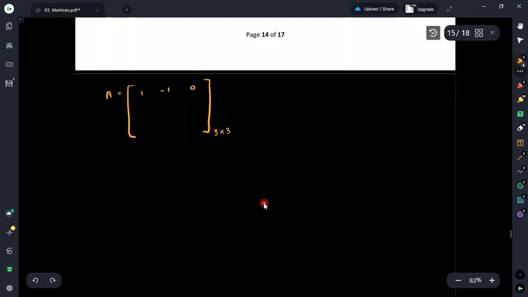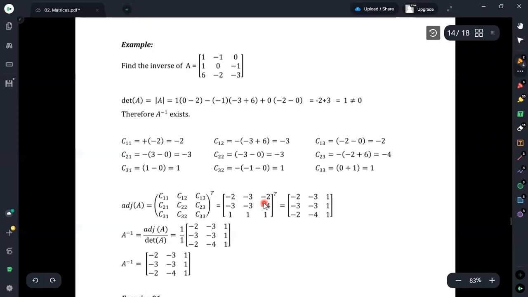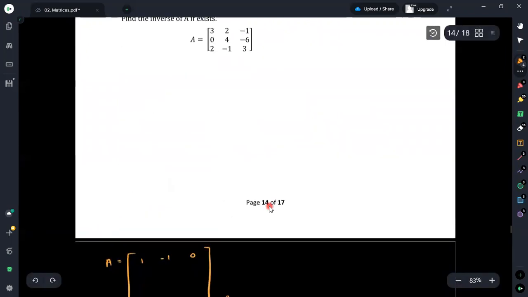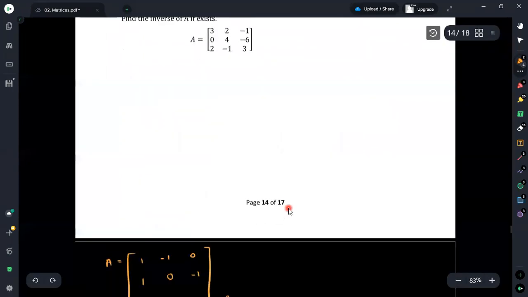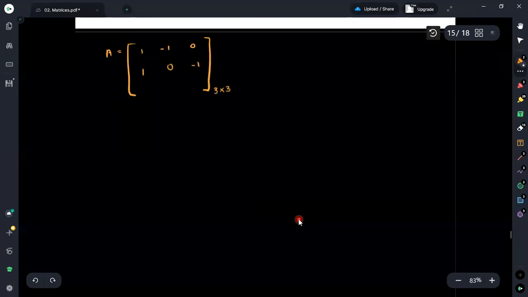This is given as a 3 by 3 matrix, and the other elements are 1, 0 and minus 1, and then 6, minus 2 and minus 3.